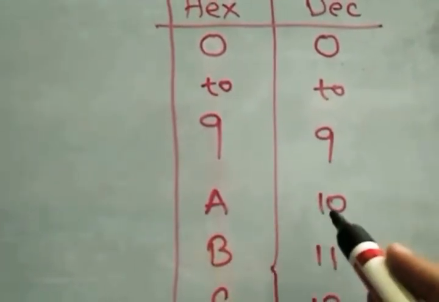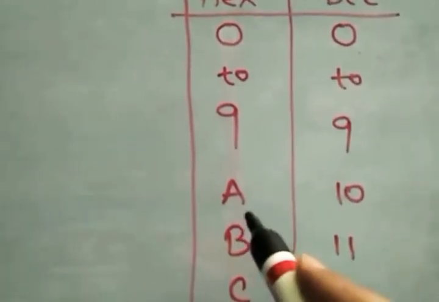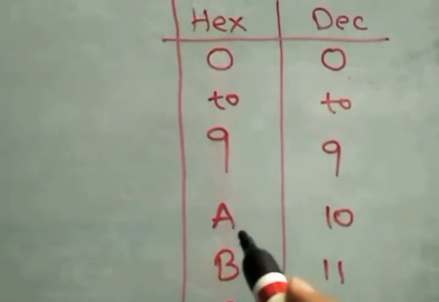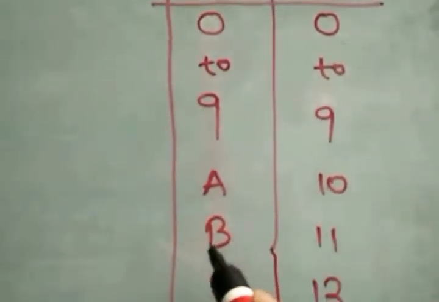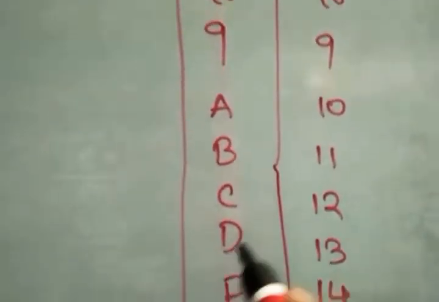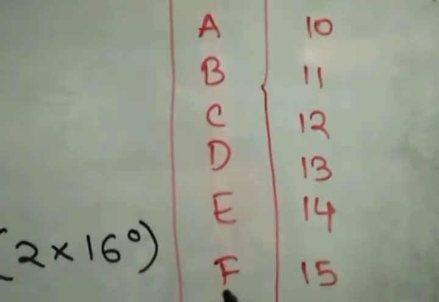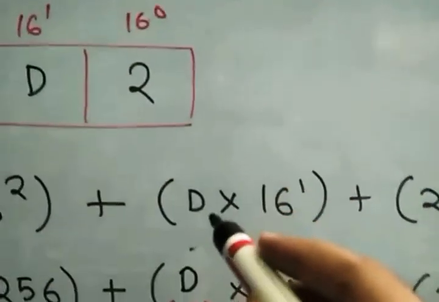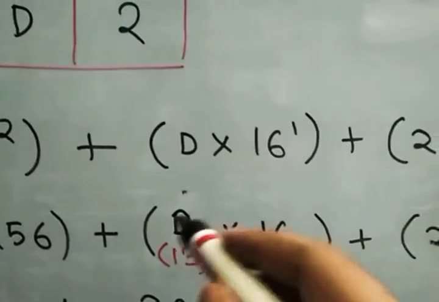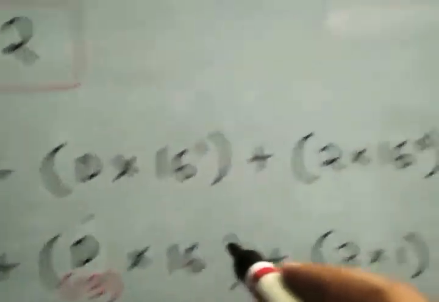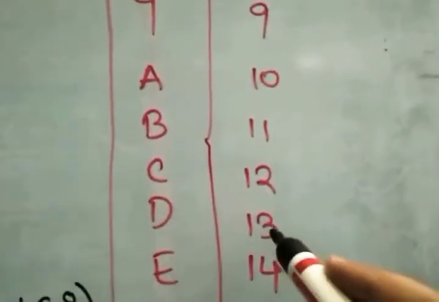A can be represented as 10, but we will not write it directly. For calculation purposes, we will consider A as 10, B as 11, C as 12, D as 13, E as 14 and F as 15. So we'll write it like this, D only, but we will consider it as 13 because from the chart we can see D means 13.